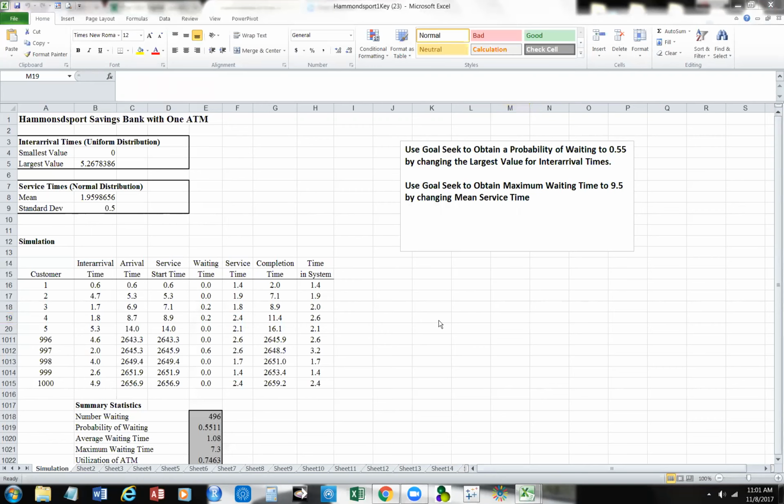We talked about this at the first of the course, okay? And then we convert it into that equation, and we find the objective function, our controllable inputs, the probabilistic inputs, and then we use the simulation to generate what we call a probability distribution.